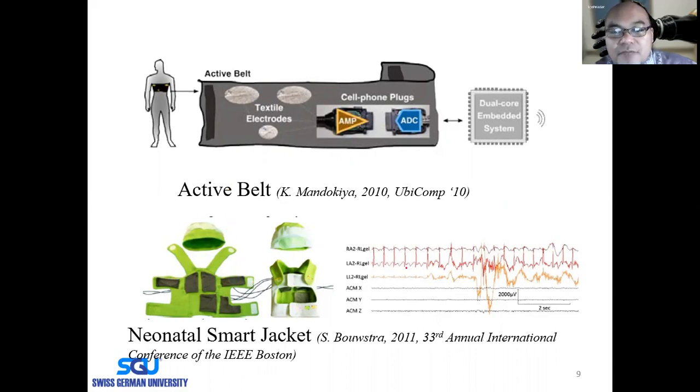The second part here is the ECG, electrocardiography from the heart. The upper part here, what is it? I think ECG as well, but from different electrodes. This is the left arm ECG. This is the right arm ECG. And then we have this ACM X, Y and Z. I think this is EEG, the electroencephalography from the brain of the infant.